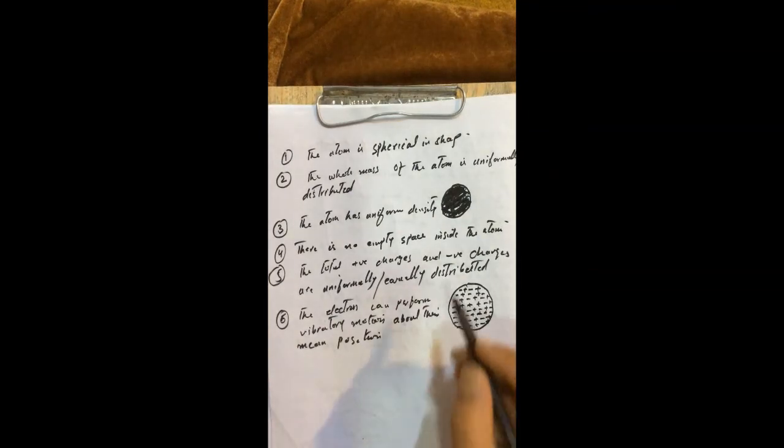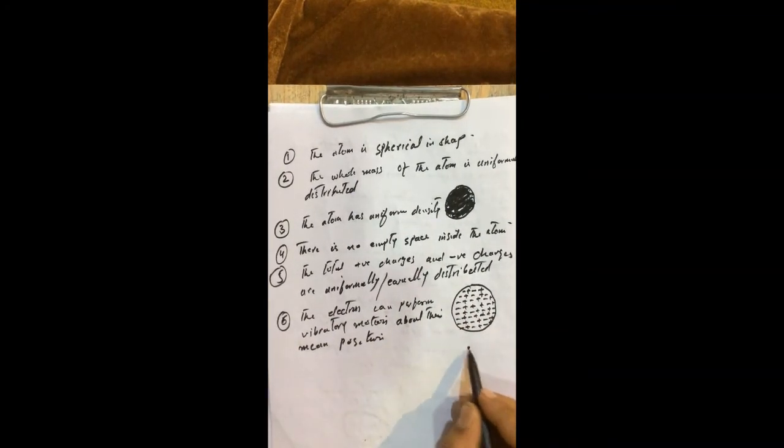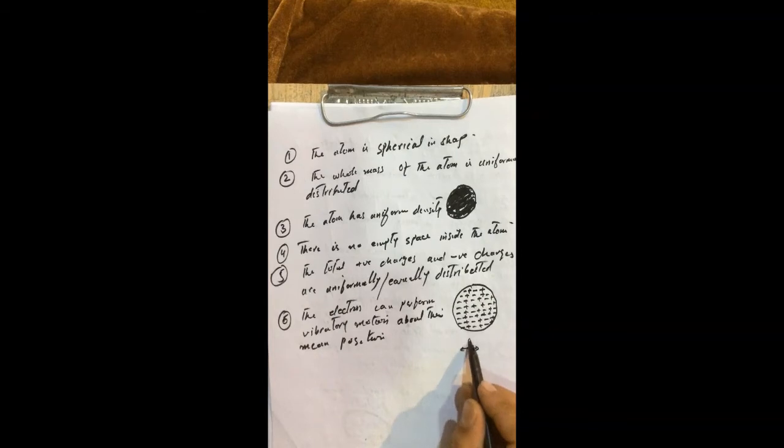So according to this model, if there is an electron inside this sphere, then it performs vibratory motion. It can move backward, forward, up and down about its equilibrium position.